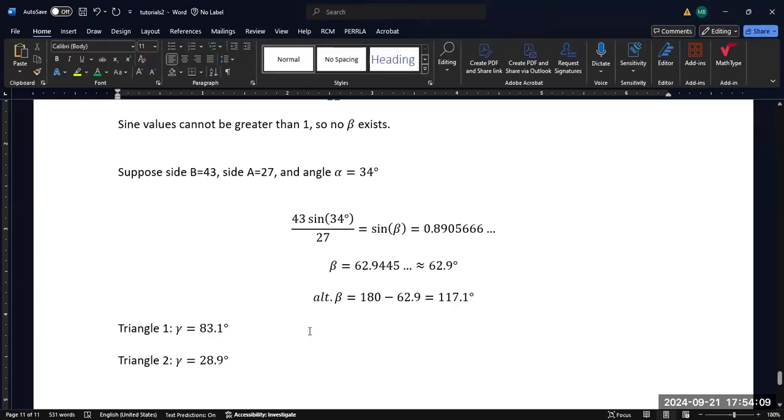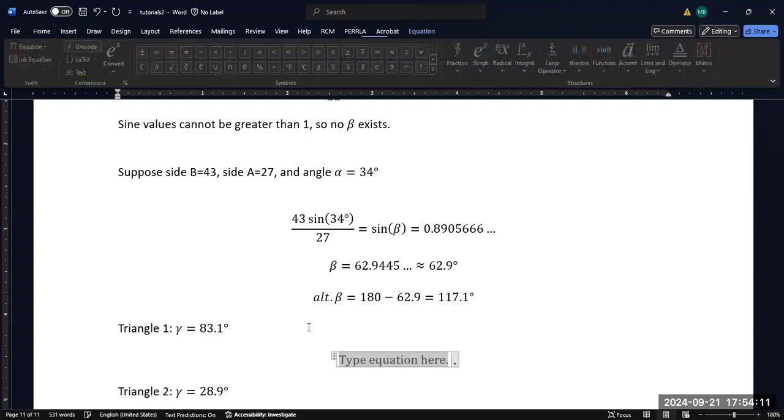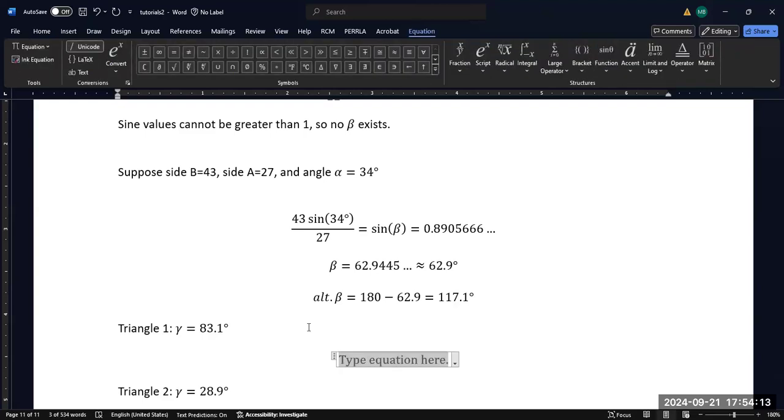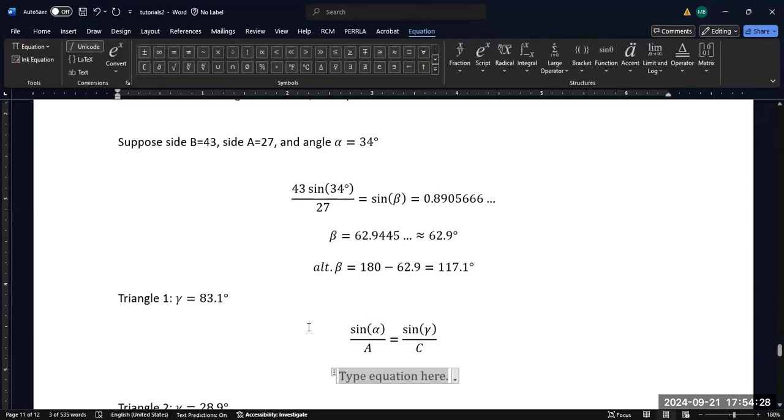So let's calculate the rest of triangle 1. So remember, it's sine alpha over A is equal to sine gamma over C, and we know we want to solve for C. So we rearrange this.